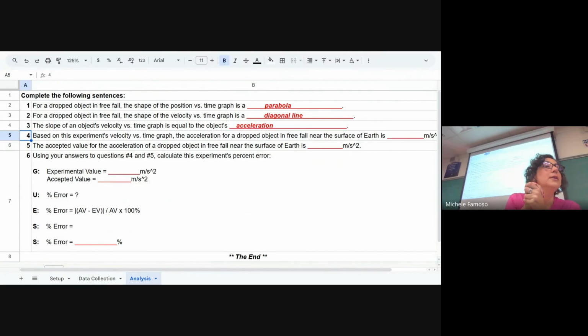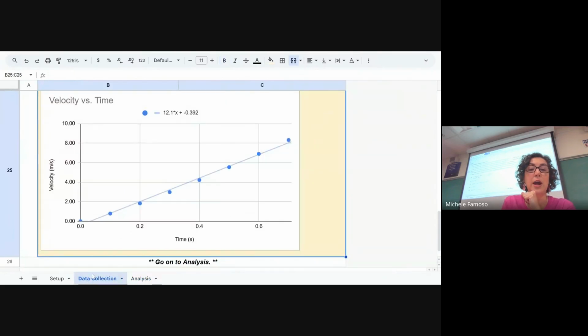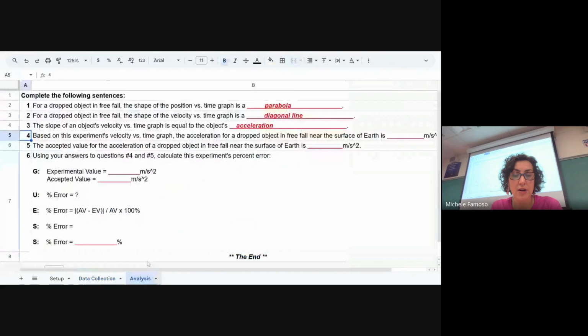Blake? Yeah, let's go back, look at our velocity time graph. What is the slope of this graph? You get it from the equation. Where's the slope in that equation? It's the 12.1.